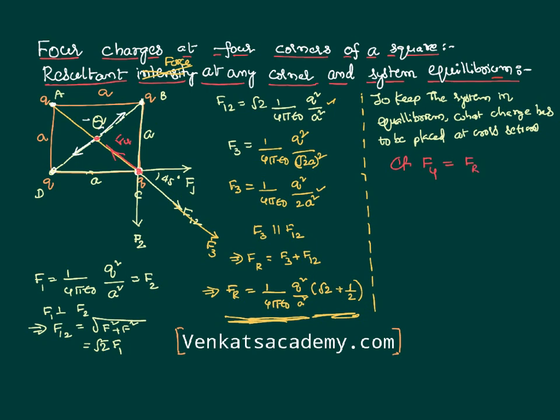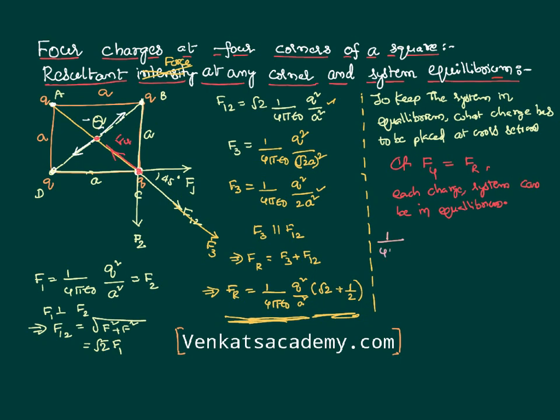As they are already opposite in direction, each charge, and hence the system, can be in equilibrium. So, the condition that we need is, we shall keep a charge which is a negative charge. How much is that? Let us try to calculate by writing the condition.